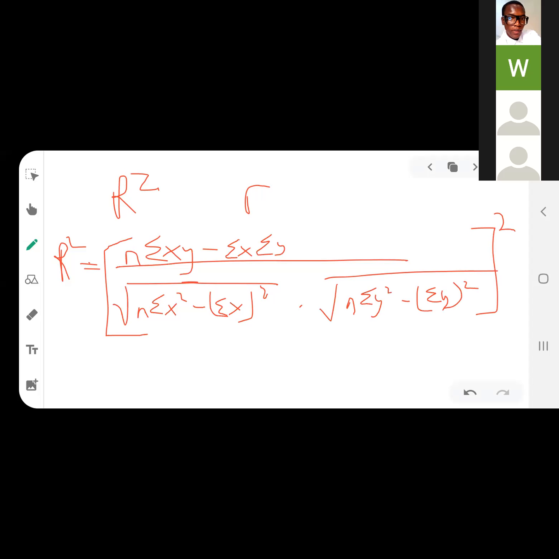But you can also go to the calculator. So let's go to the calculator. You press shift, you press 1, you press 5, which is regression. And then you go to the value of R. What is the value of R?